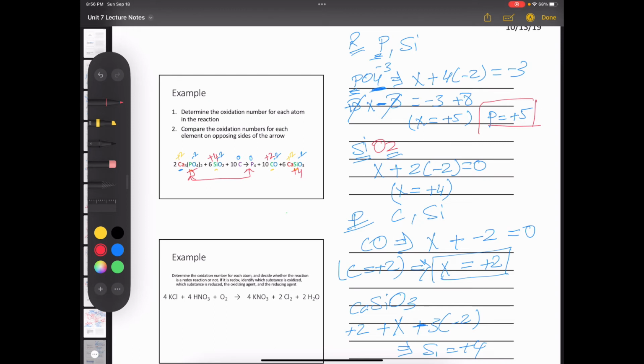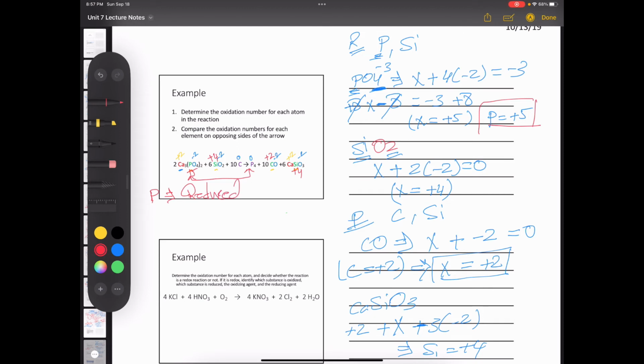We have the phosphorus oxidation number changed from being a positive 5 to a 0. So phosphorus oxidation number has dropped, right, from positive 5 to 0. That means it gained electrons. So phosphorus will be reduced, or the reduced material, the reduced substance, okay?